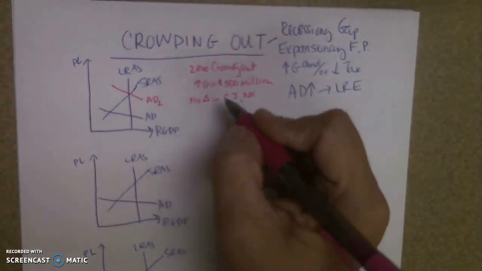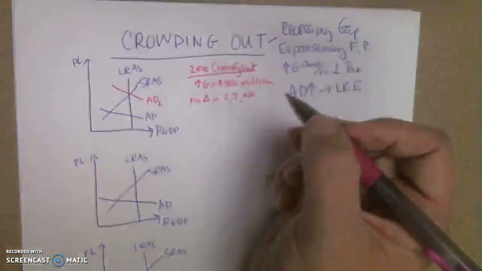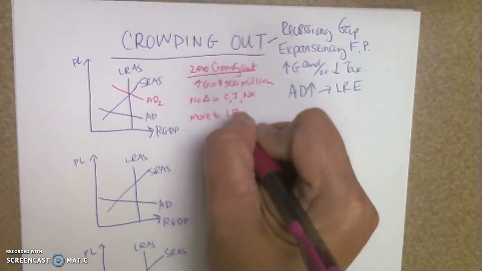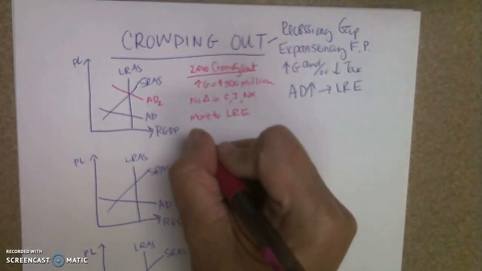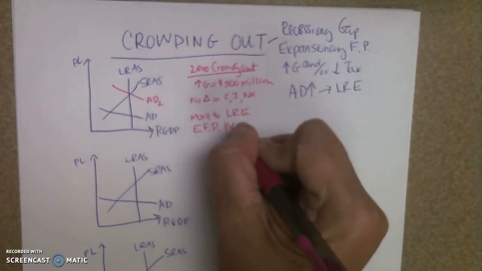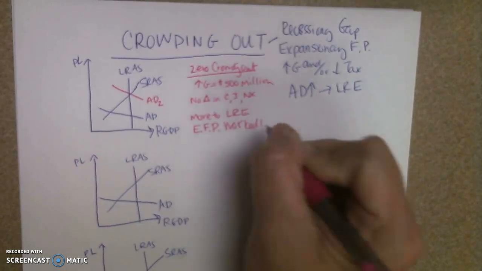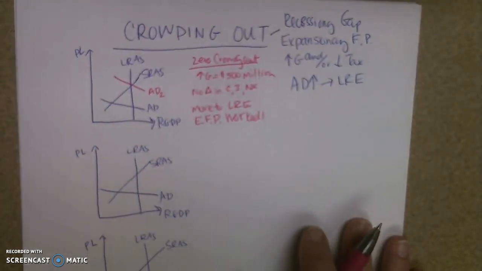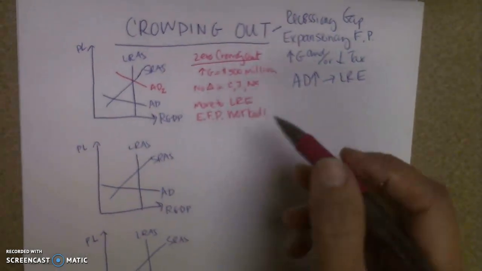And we move to a long run equilibrium. So if you have zero crowding out, we move to long run equilibrium. The expansionary fiscal policy, and I'm just going to abbreviate, fiscal policy worked. It worked. All right, so that's one type of crowding out, zero crowding out.